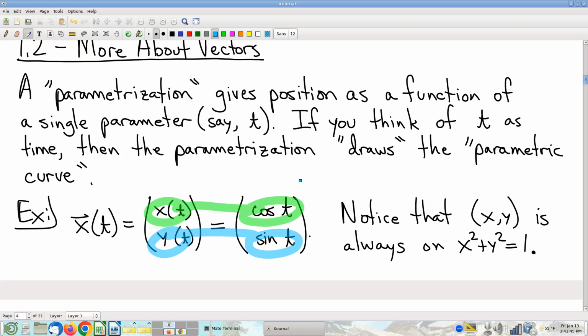I need some algebra where cosine t and sine t are involved in the same equation. Do I remember any equations that involve sine and cosine? And then I remembered, oh yeah, the Pythagorean identity, and boom, it's all over at that point.